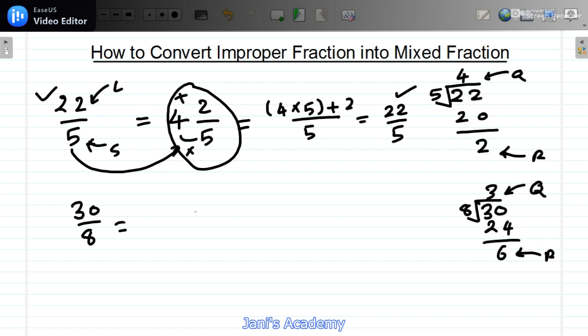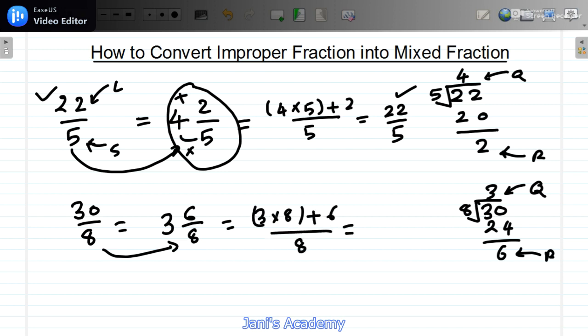What I have to write is: the quotient here as the whole number, and the remainder as the numerator. The denominator I don't have to touch, I write it as it is. So my answer will be 3 6 upon 8. Again if I want to cross check, 3 into 8 plus 6 upon 8: 8 3s are 24 plus 6 upon 8, which is equal to 30 upon 8. This is all about converting an improper fraction into a mixed fraction.